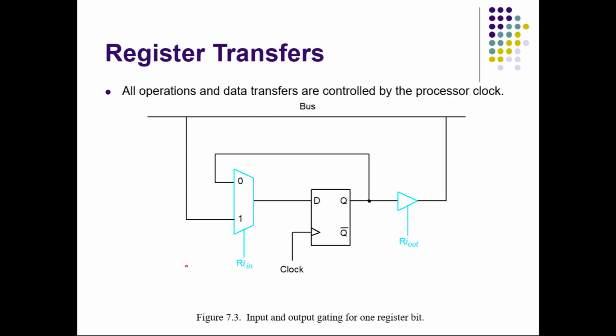Let us assume there is only 1 bit. This circuit assumes that Ri can hold only 1 bit. With this circuit we can try to understand how data is either read from the bus or returned to the bus.